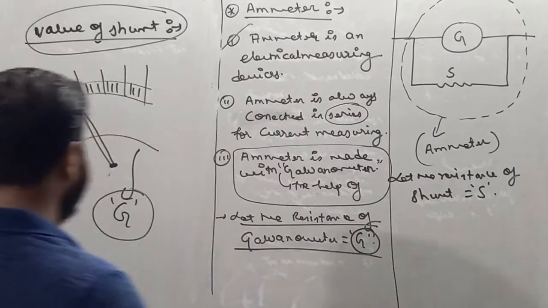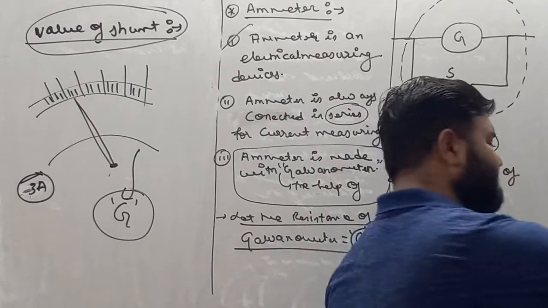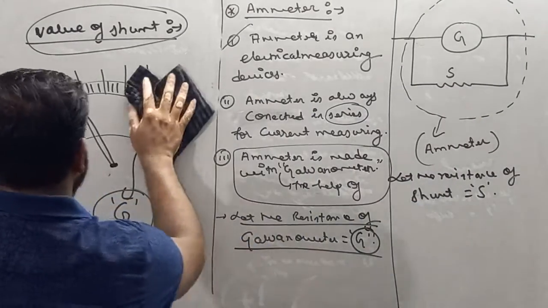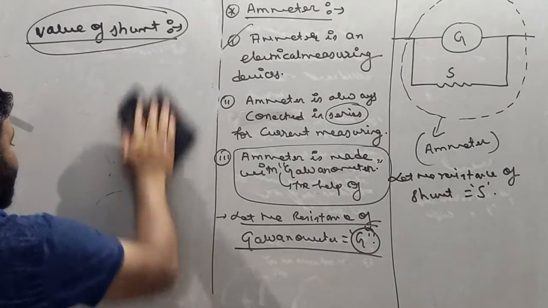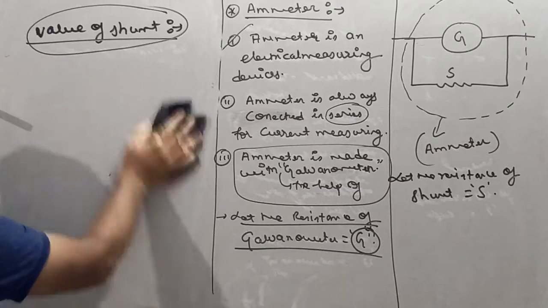So my dear student, we have a galvanometer whose resistance is G, and I am taking maximum deflection current to be Ig for our galvanometer.